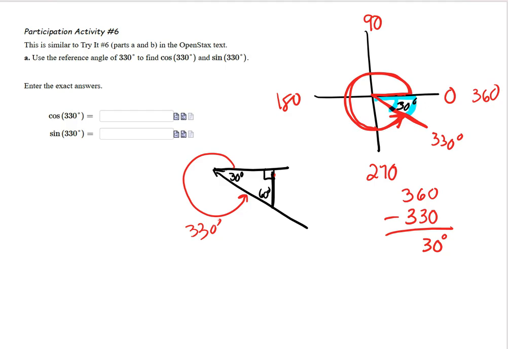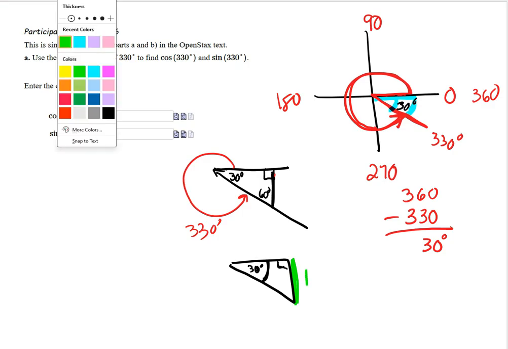If here's the right angle and here is 30, the side that is opposite the 30-degree angle is your shortest side. So that's going to be 1.